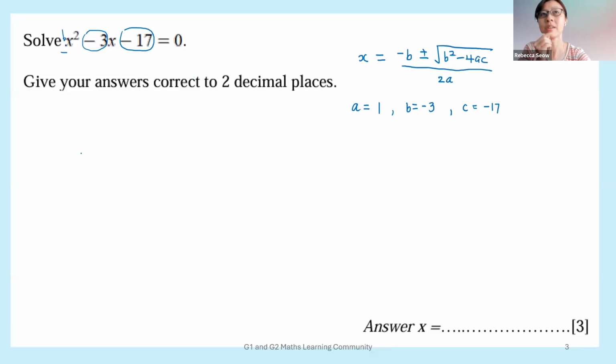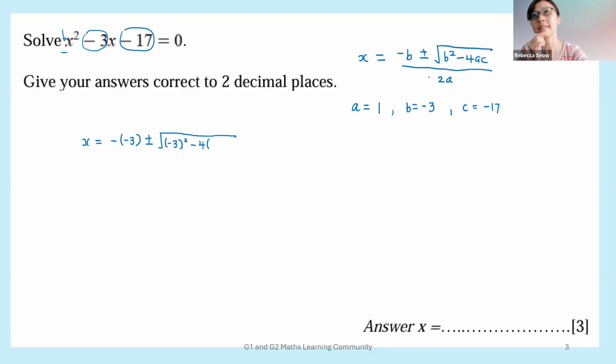Next step, in order to find x, we just need to substitute these values of a, b, and c into the formula. So x equals, all right, let's start. Negative b, so negative. Now what do I have for b? b is negative 3, plus minus. Next I will substitute the values under the square root. So b squared, negative 3 squared, minus 4, a and c.